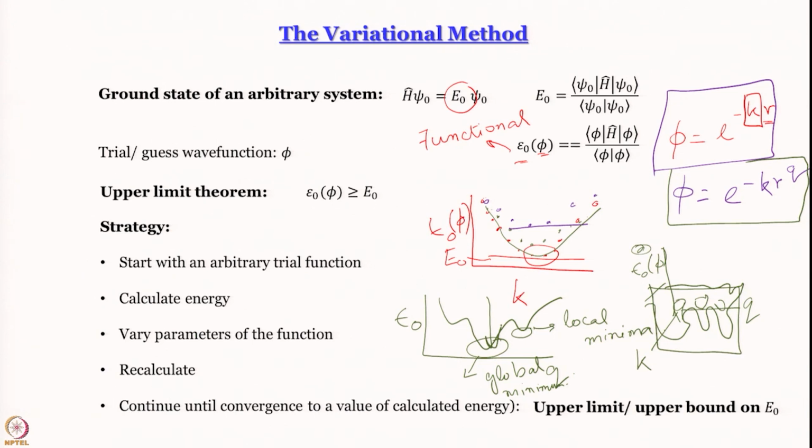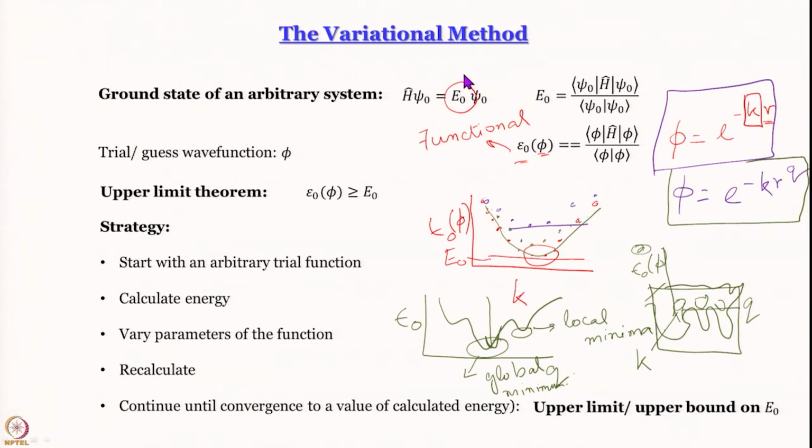This here is the strategy that we start with some arbitrary function which will be associated with one or more parameters. For some particular value or values of these parameters, you calculate the energy, then you play around with the parameters, you vary them.